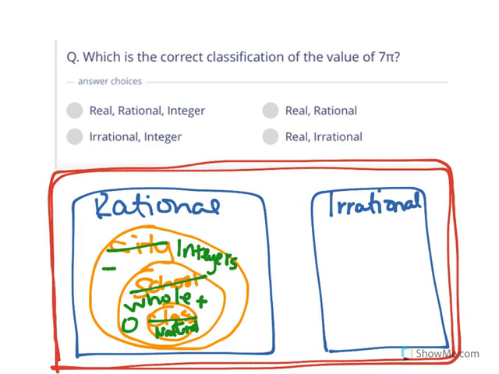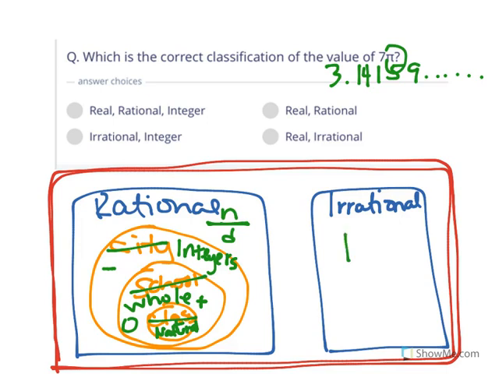So when I'm looking at 7 pi, I know that pi is a number that never stops. If I type it in my calculator, I get pi is equal to 3.14159, and it keeps going. It doesn't repeat. And since it keeps going, it cannot be written as a fraction. Only numbers that can be written as a fraction are rational.